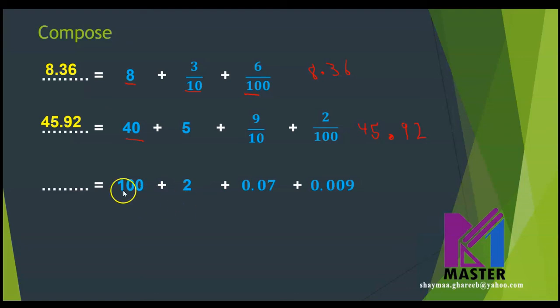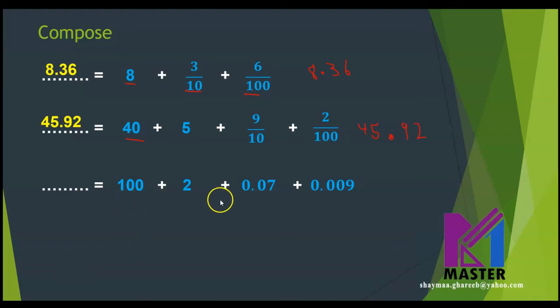In the second example here, we have 100 and 2 and 0.07, which is 7 hundredths, and 0.009, which is 9 thousandths. Let's see. I can write it as 1 in the hundreds place, because this is 100.